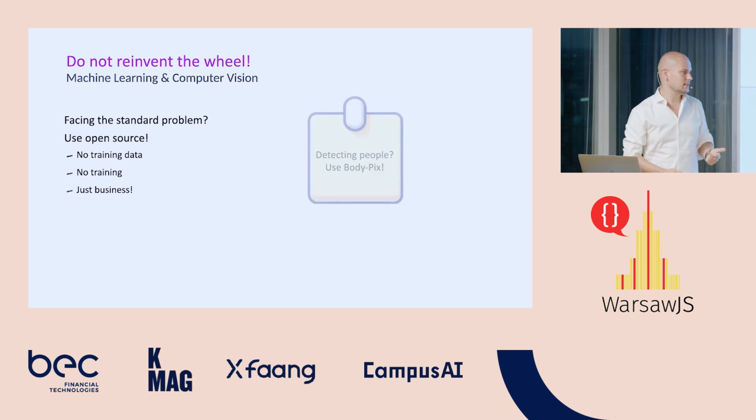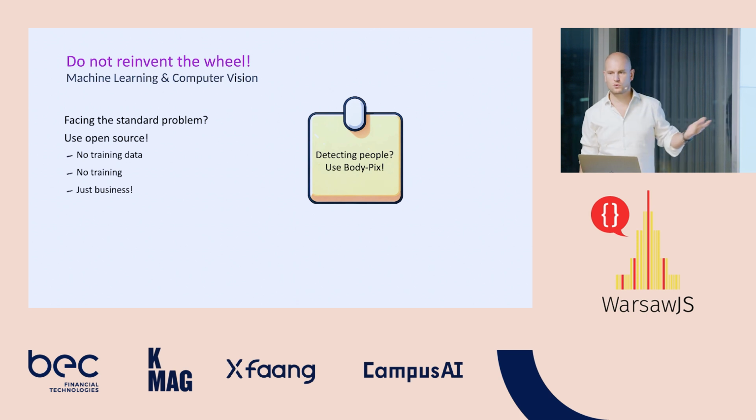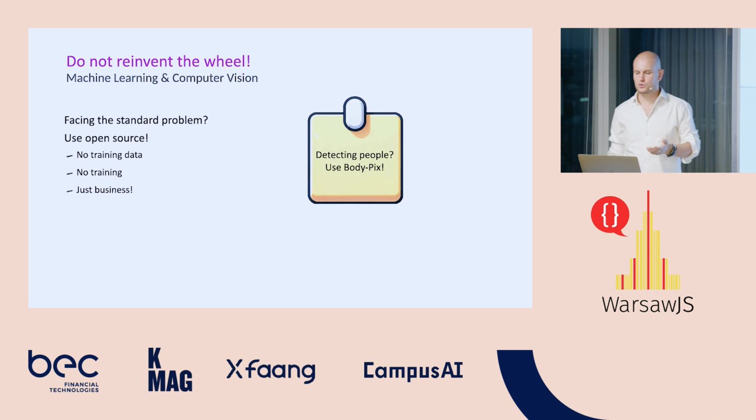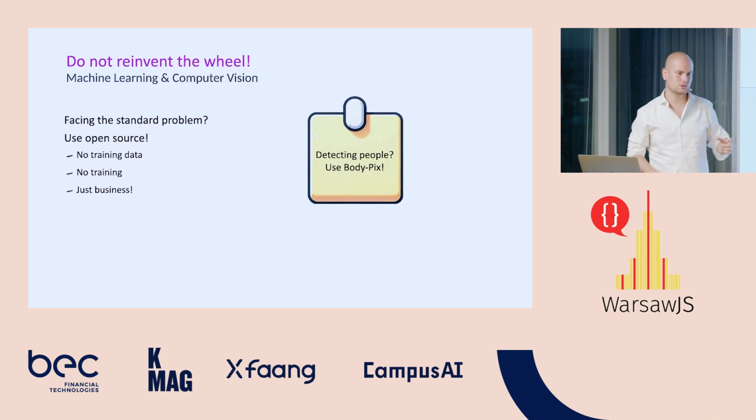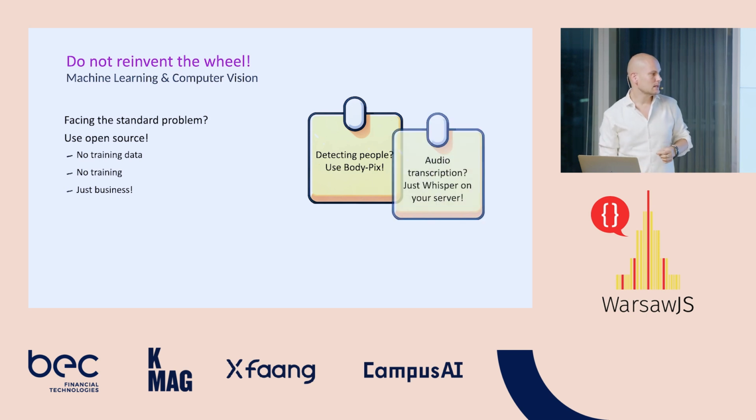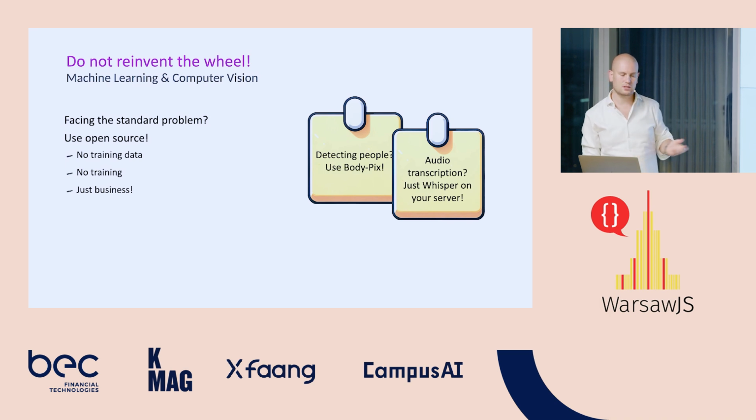You just use them. In our case, for example, if we want to detect the silhouette of the person who is in front of the board, we can just use BodyPix, which runs quite fast because it's running on low-res images. Or, for example, recently we are working on a new feature, like it's quite common on the market, to provide audio transcription.